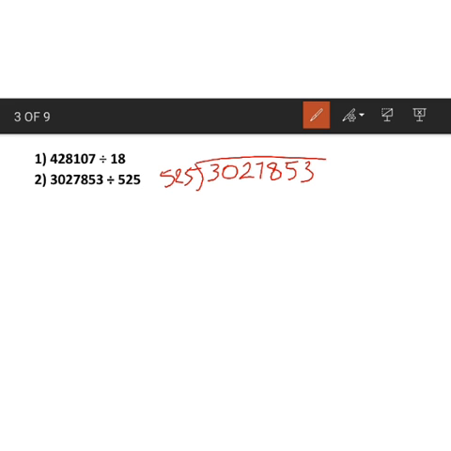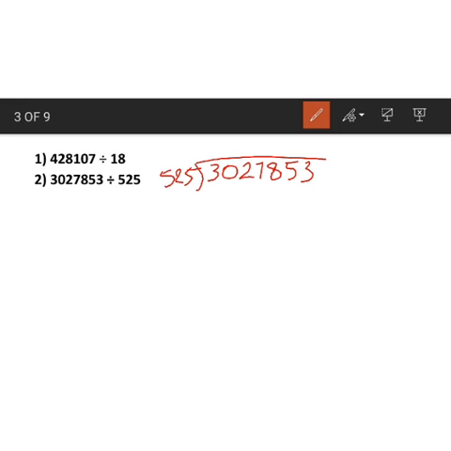So when we are doing 525 into 4, it is 2100. 525 into 5 is 2625. 525 into 6 is 3150.